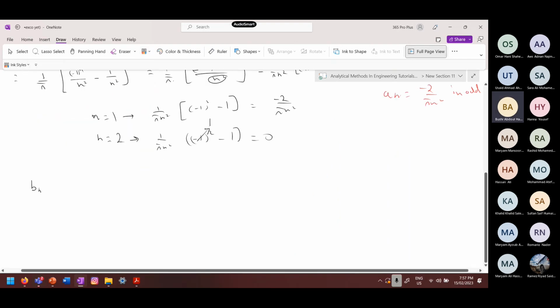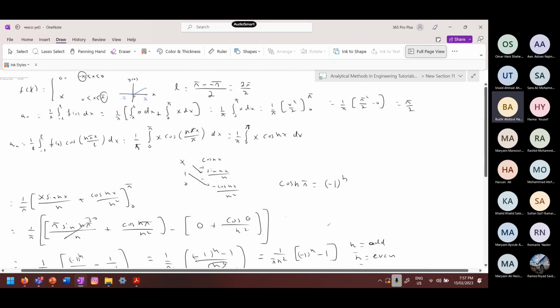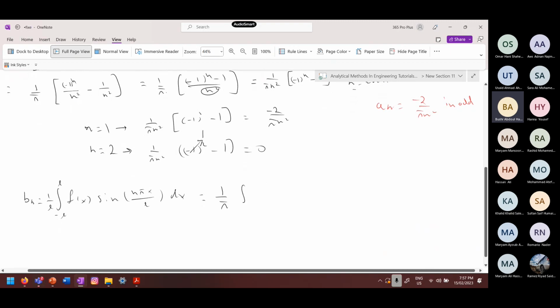Now use bn. bn is integral from -L to L, 1 over L, the original function times sine n pi x over L dx. You will check here that the 0 term will not be integrated, so we'll just integrate the x. 1 over L, which is 1 over pi, 0 to pi, x sine n pi x over pi.